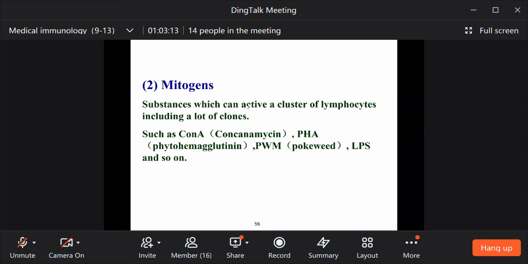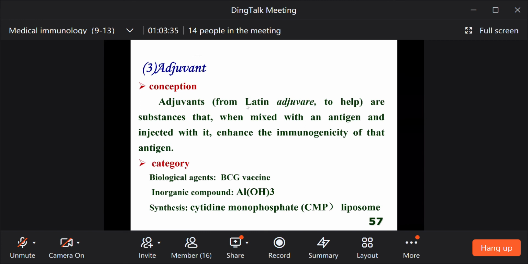Another concept is mitogen. It is also a substance which can activate clusters of lymphocytes and induce a lot of clones. Then adjuvant. Adjuvant is also a substance that, when mixed with the antigen and injected with it, enhances the immunogenicity of that antigen.